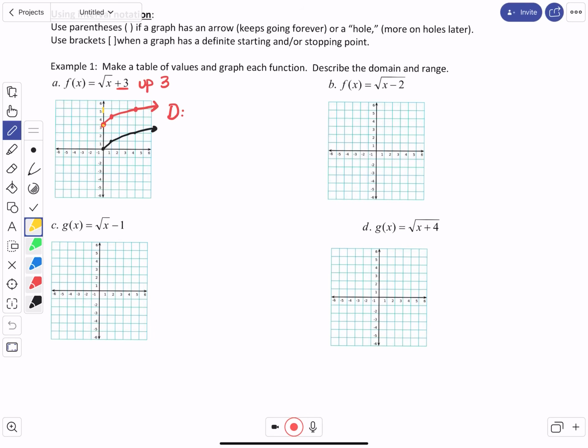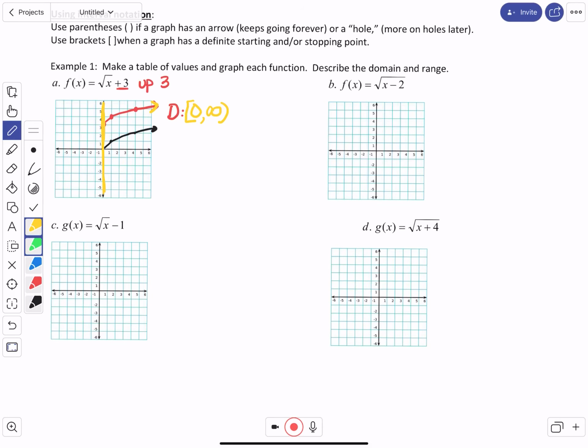So we're on this line here. We started at 0. Well, how far to the right do our x values go? Well, it's going off the graph, because we've got this arrow right here. So it's going to infinity. We express that using infinity. So when it goes on forever, you use infinity.